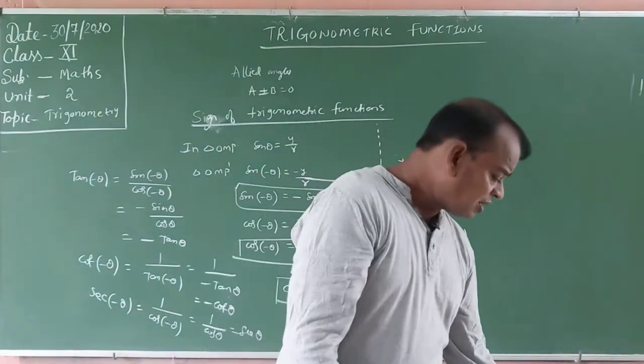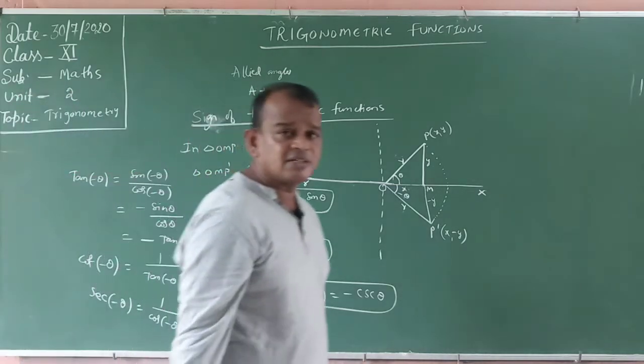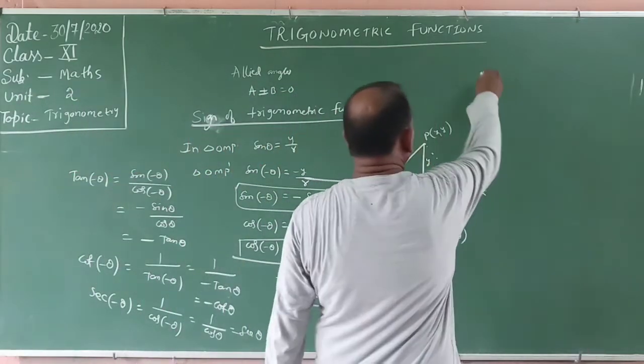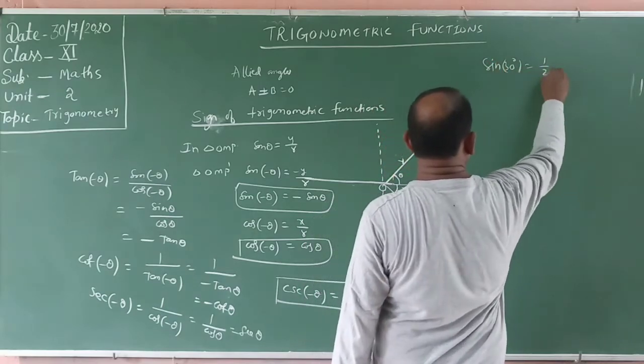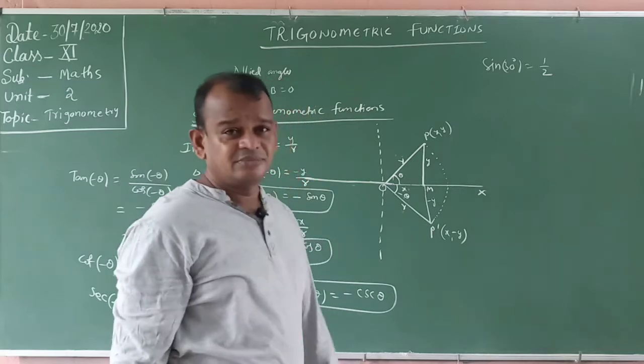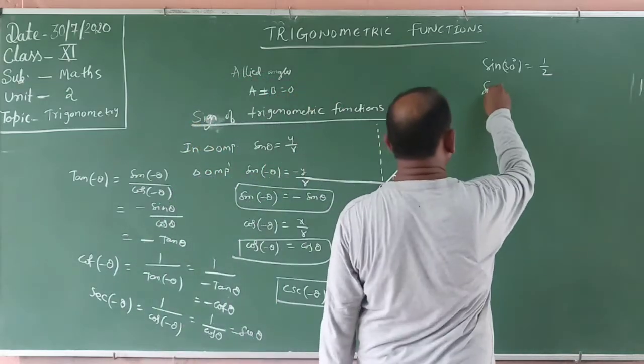Now, this is the sign of the trigonometric functions. But suppose, what is the value of sin of minus 30 degrees? You know sin 30 degrees. Sin 30 degrees, you know very well, equals 1 by 2. Sin of minus 30 degrees.